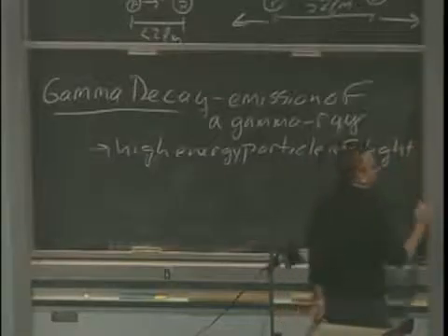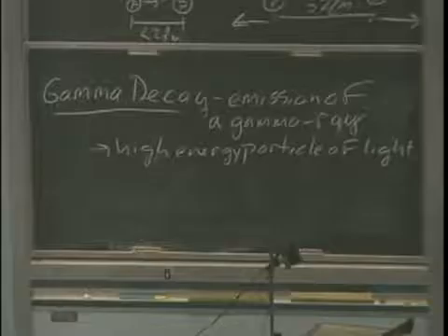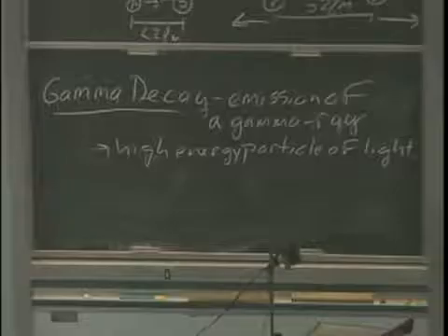So we haven't talked about photons yet. We'll be talking about those and quantum mechanics when we come back from Thanksgiving. But the important part here, you guys have probably all heard of photons. Photons are just particles of light, and a gamma ray is just a very high energy particle of light.